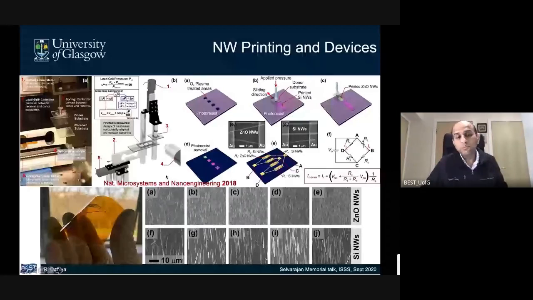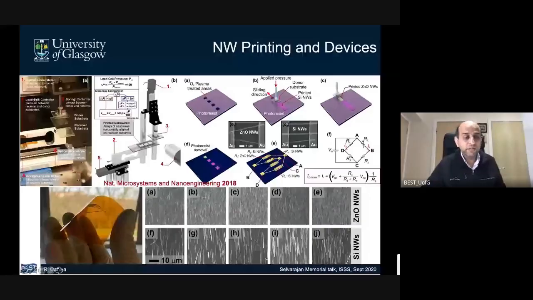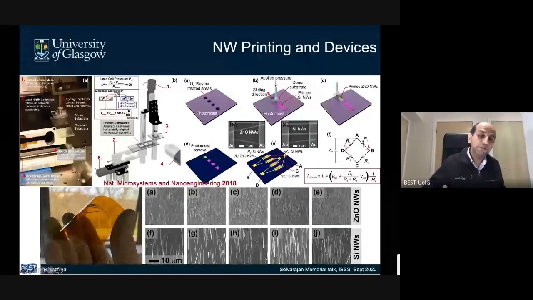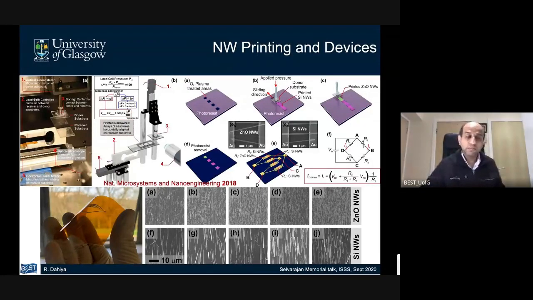One challenge with flexible electronics, or large area electronics, is that the equipment is normally not available. So whatever we have, we are either trying to repurpose existing technology to develop flexible electronics, or you need to develop custom equipment. In this case, we developed this contact printing setup that you see here.